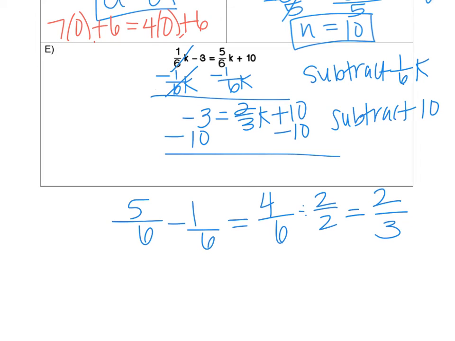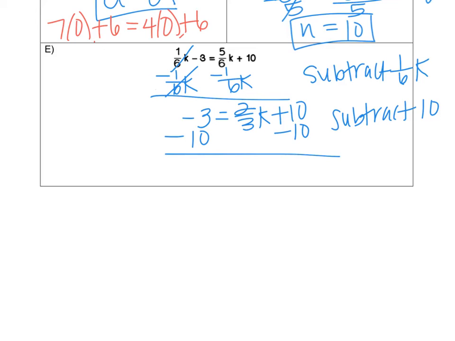Alright, so negative 3 minus 10 is negative 13. And then it would equal 2/3 k, because 10 minus 10 is 0. Alright, so I'm left with negative 13 equals 2/3 k.